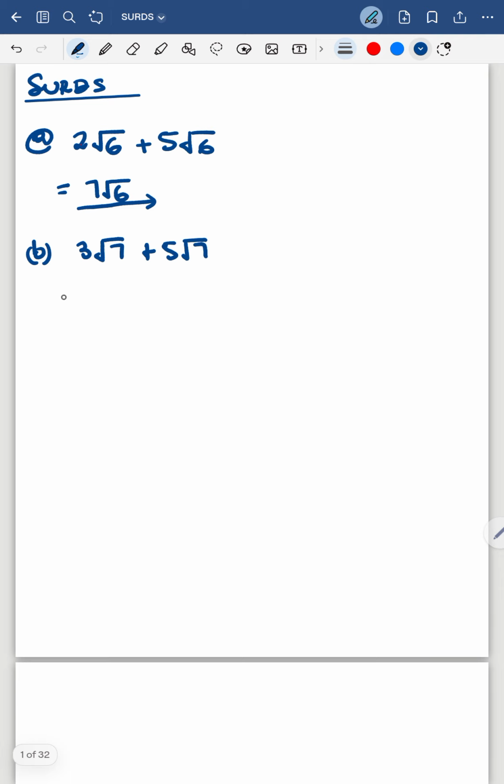Yeah, so if you can see here again, this root 7 and root 7 makes these to be like terms. So we're going to add the like terms.